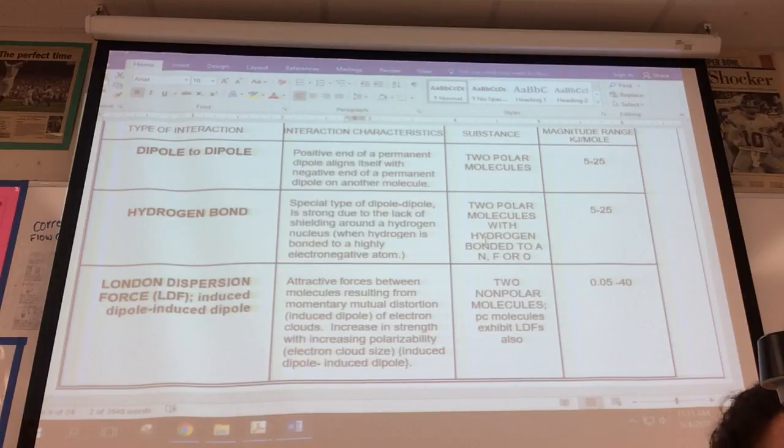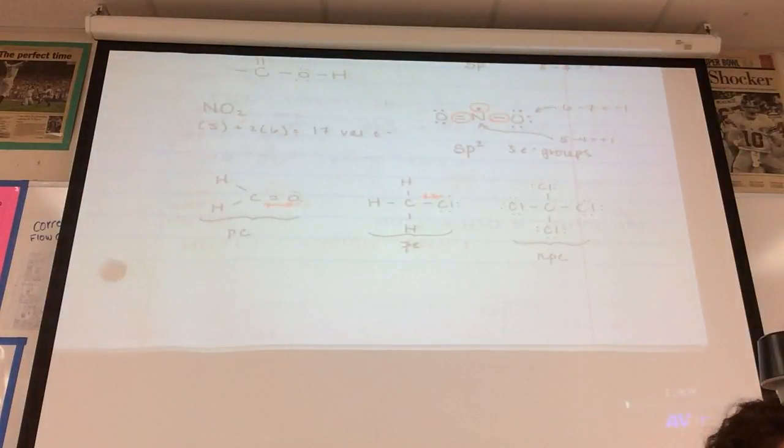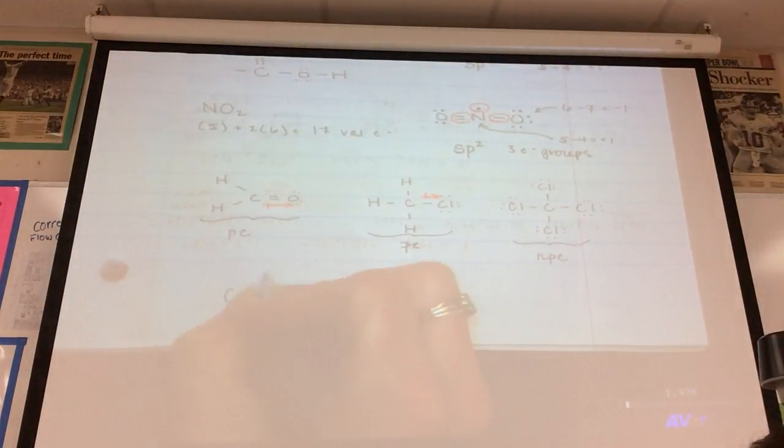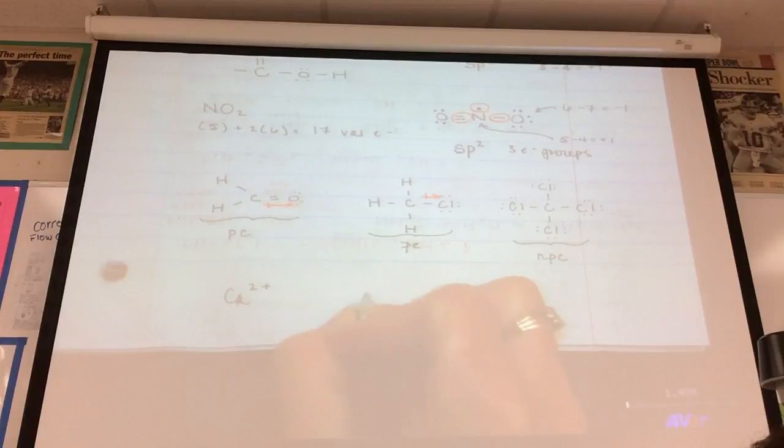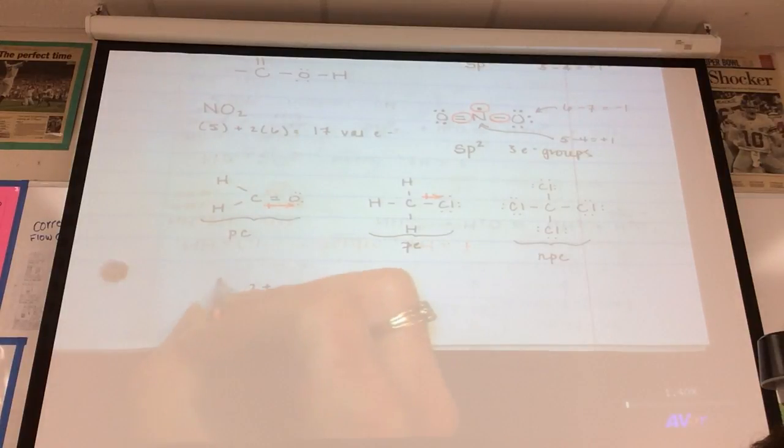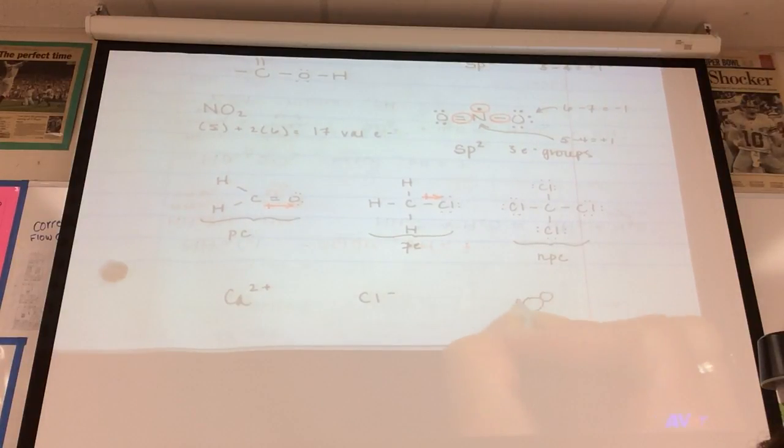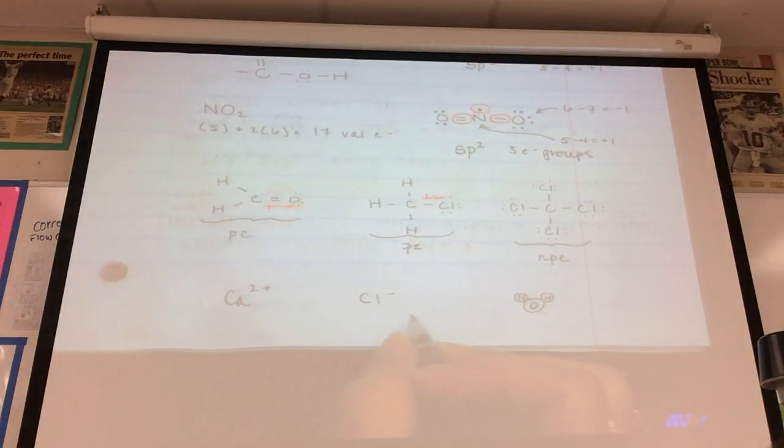If you have a dipole to ion interaction, for example, let's say you have ions, here's the calcium ion, here's the chloride ion, and if this represents your water molecule, where that's the O and these are the H's, keep in mind partial negative versus partial positive.